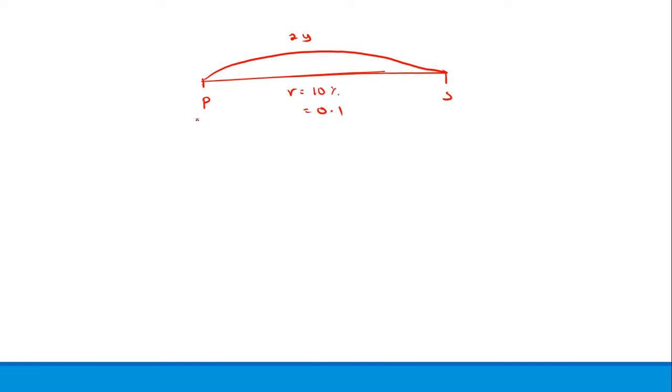Let's say for this case the initial amount is 100. During 2 years, you want to find the final value you get.